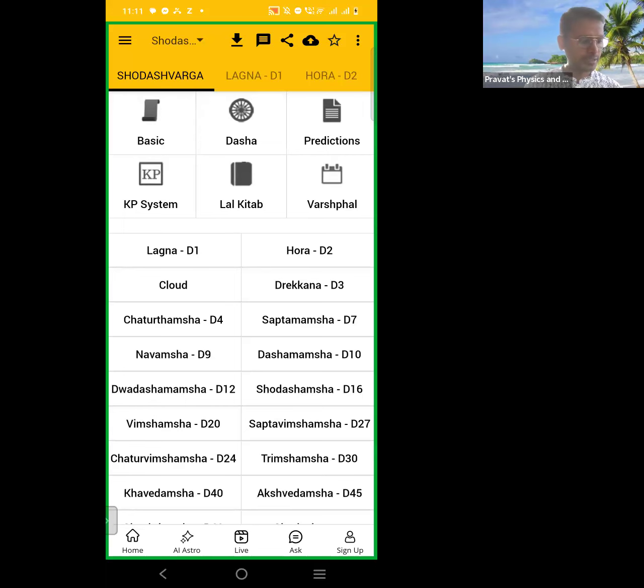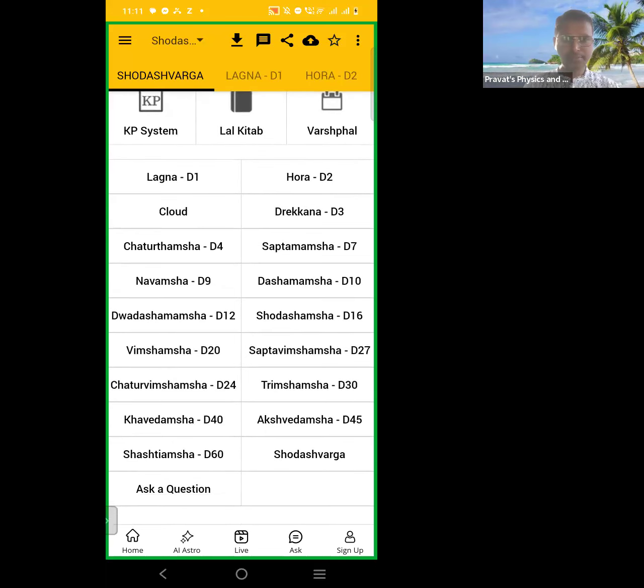So many charts are there, and D stands for divisional chart.